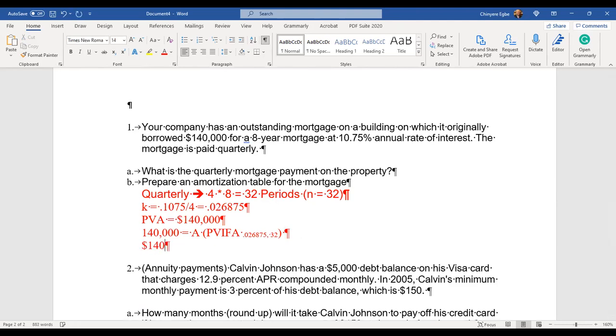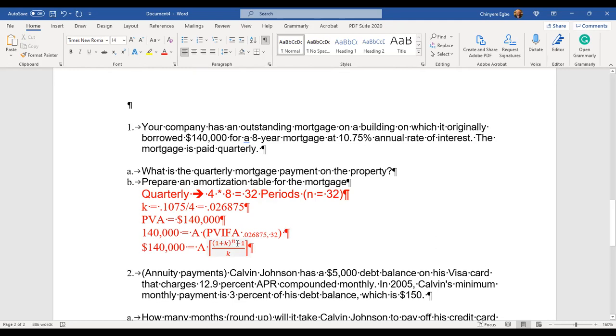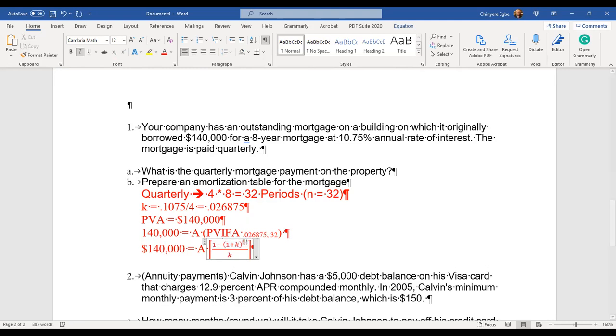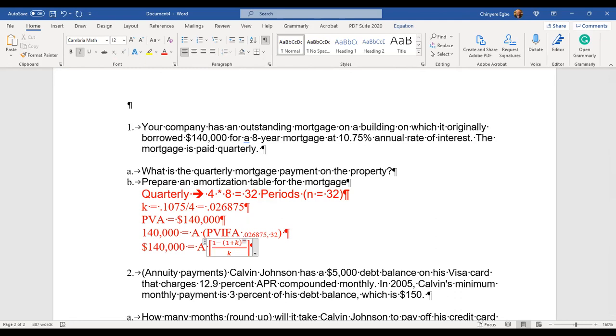So 140,000 is going to be equal to A times 1 minus 1 plus i to the power minus n, over i. You can see we have a different formula here.